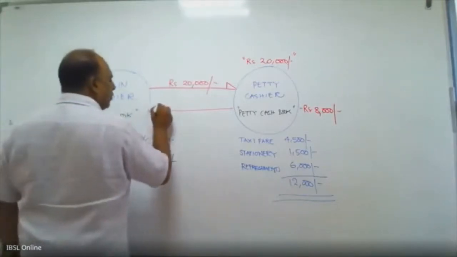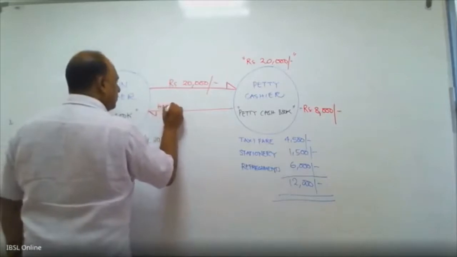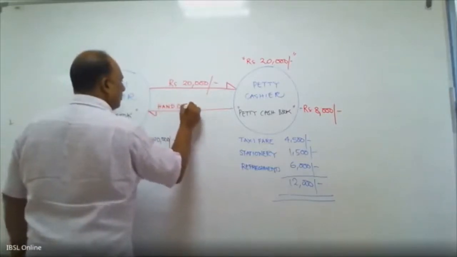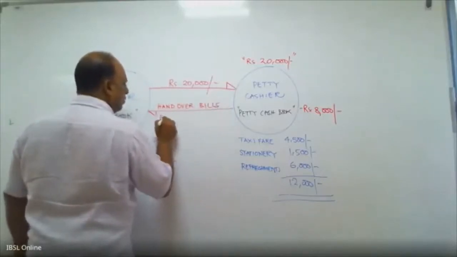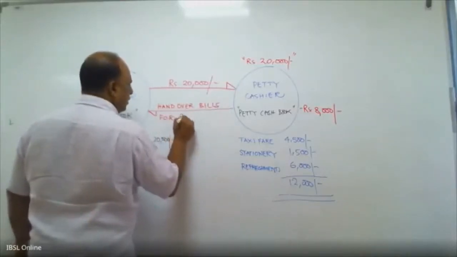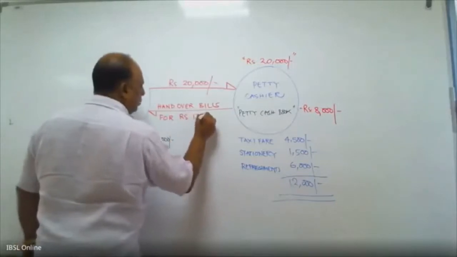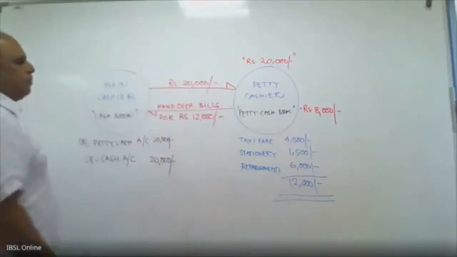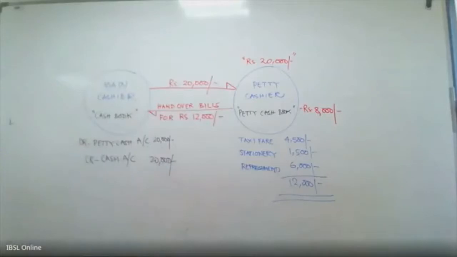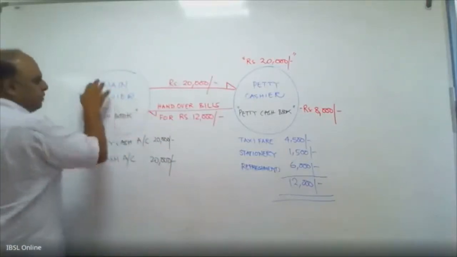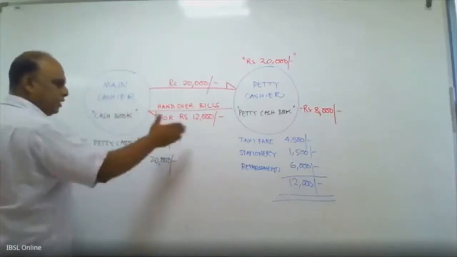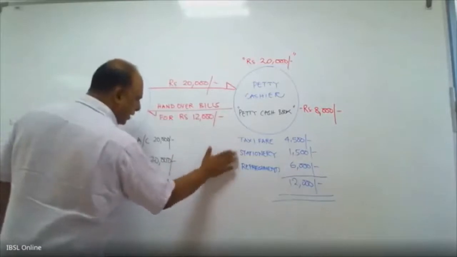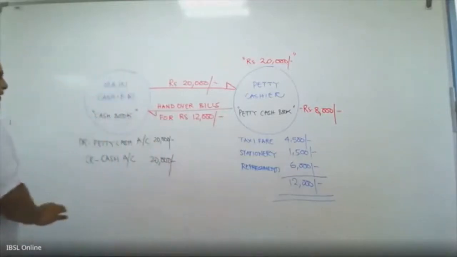He will hand over the bills for rupees 12,000. Once it is received, the main cashier will verify all the details, whether all the bills are correct and these are valid expenses.